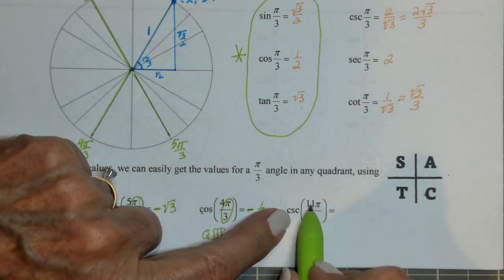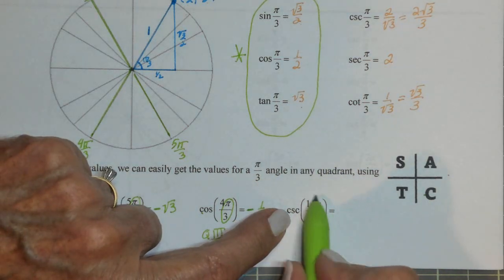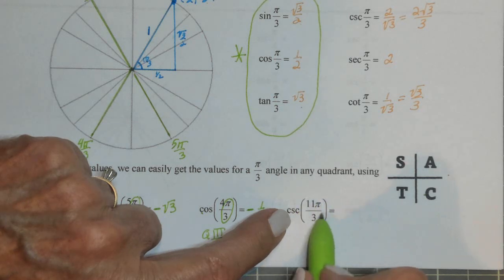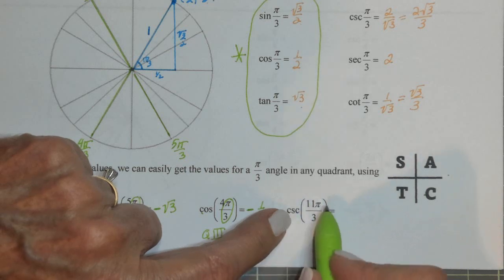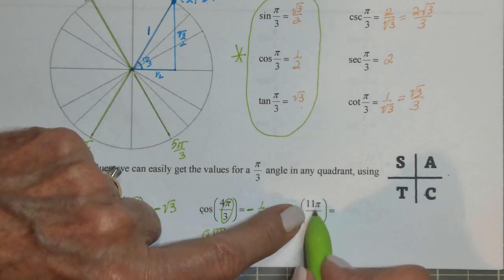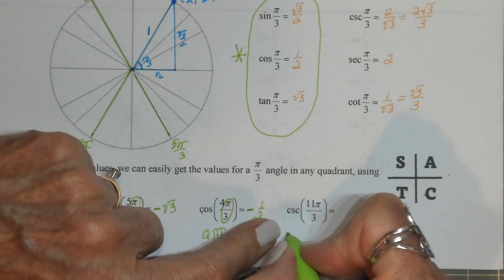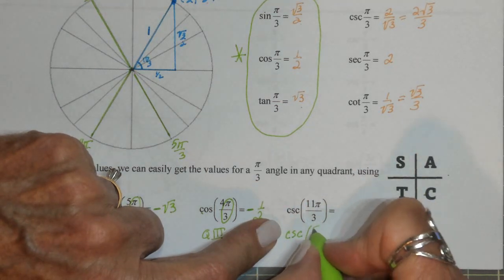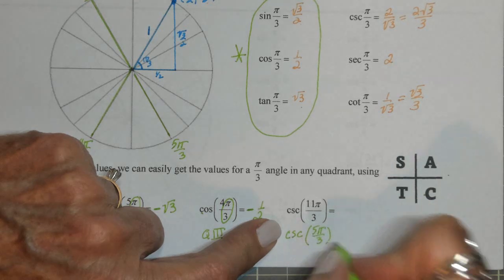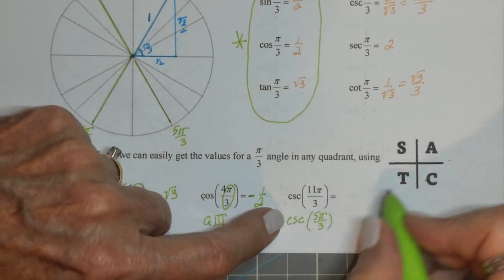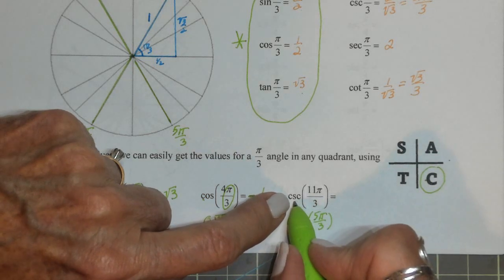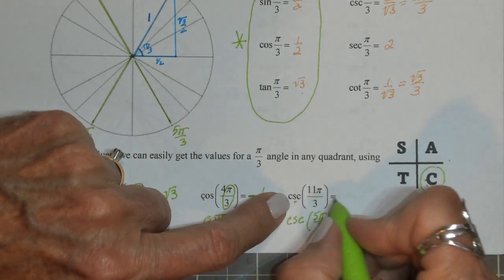Cosecant 11 pi over 3. What quadrant is 11 pi over 3 in? Well, 11 pi over 3 goes around more than once, right? So I'm going to subtract 6 pi over 3. I'm subtracting 2 pi. This is the same as cosecant of 5 pi over 3. And 5 pi over 3 is in quadrant 4, where sine and cosecant are negative.